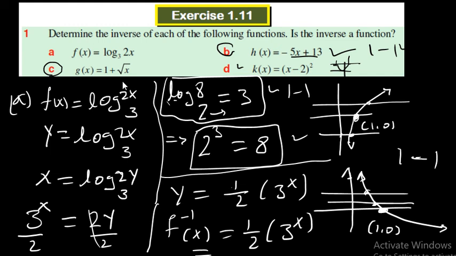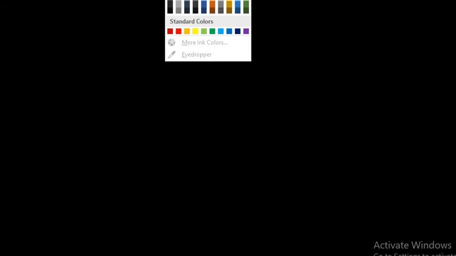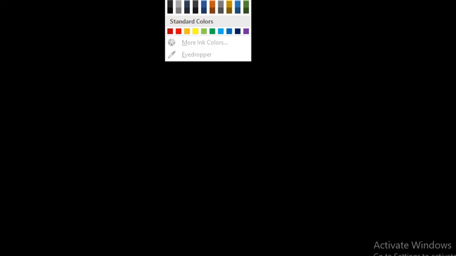Okay, let's go to C, 1 plus square root of x. It says g of x is equal to 1 plus square root of x.